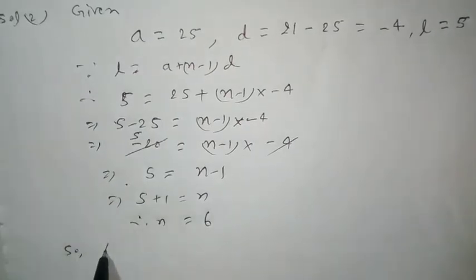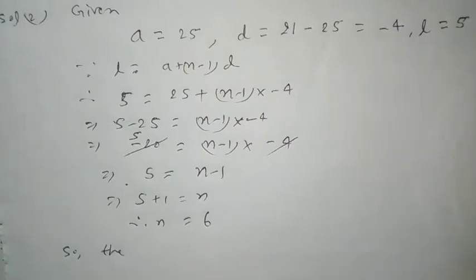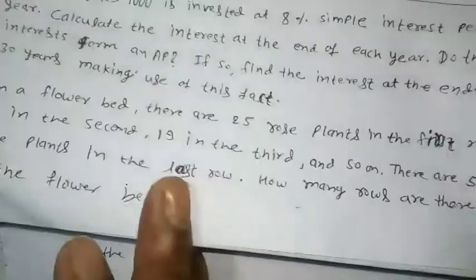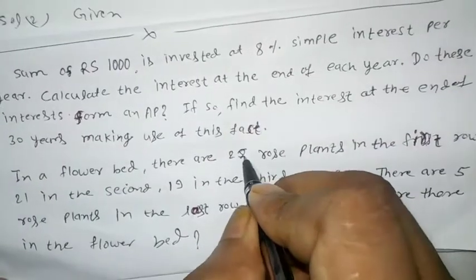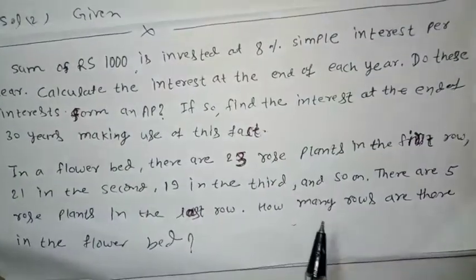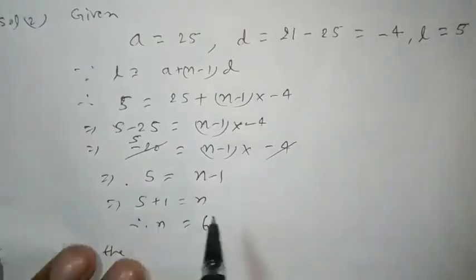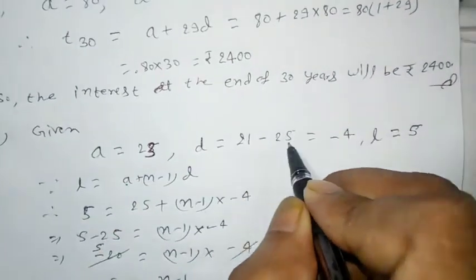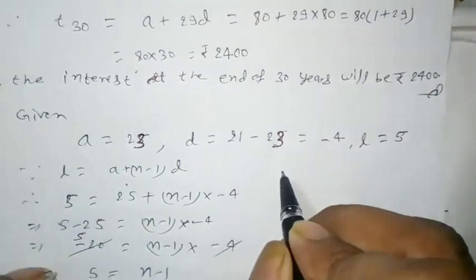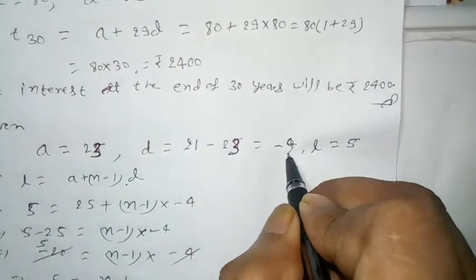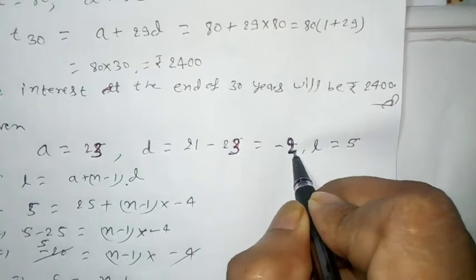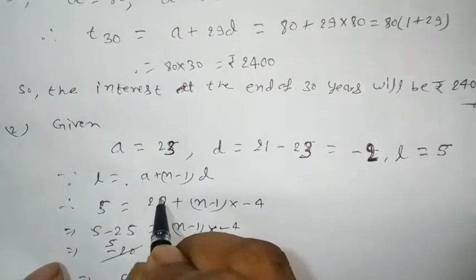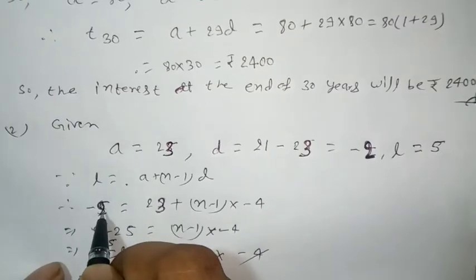So, according to the question, here there are 23 rose plants in the first row. It means that we have to write here 23, then 21 minus 23 is equal to minus 2, so we write here D is minus 2.